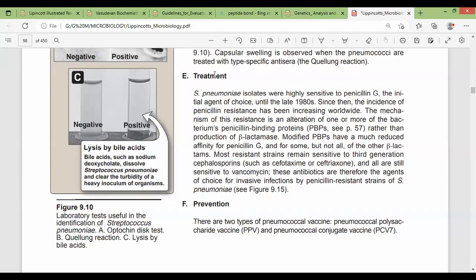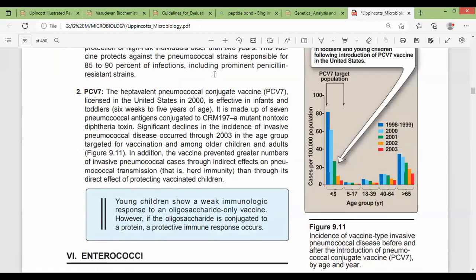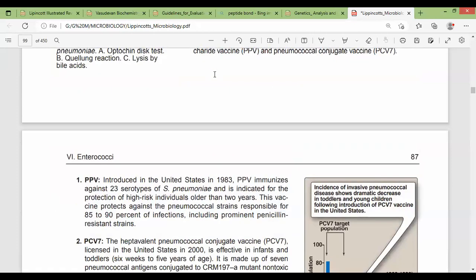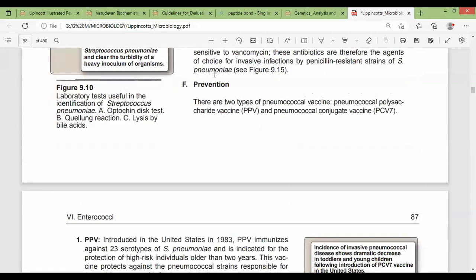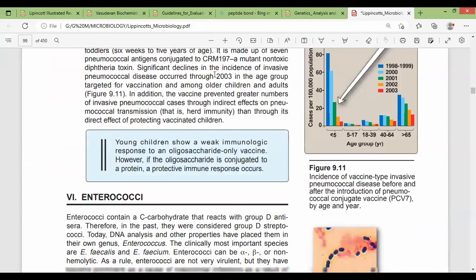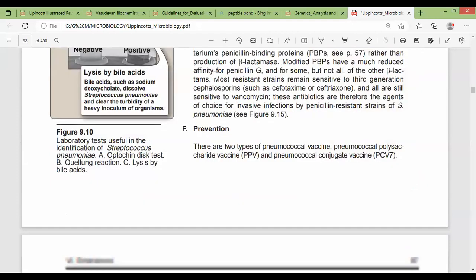We will be seeing these beta-lactams a lot. Beta-lactams are our first line of war against gram-positive organisms.